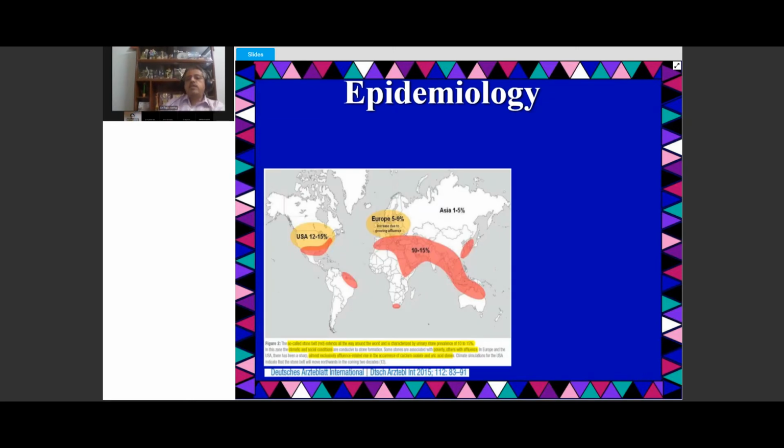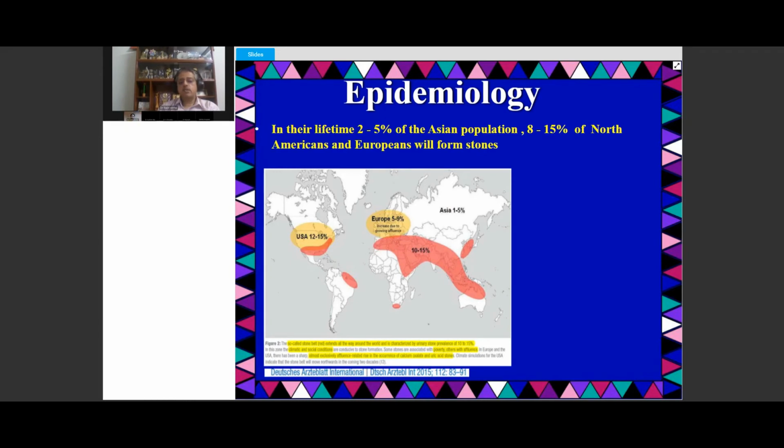Kidney stone is not demarcated by economic barriers. Be it poor, be it rich, you can have it, although the underlying etiology might differ. We all know about the stone belt, somewhat around the tropics, but not always. In their lifetime, it is said that about 2 to 5% of the Asian population and 8 to 15% of North Americans and Europeans will form stones.